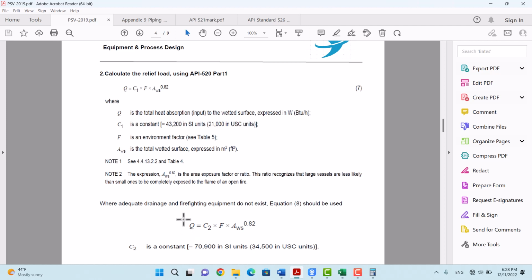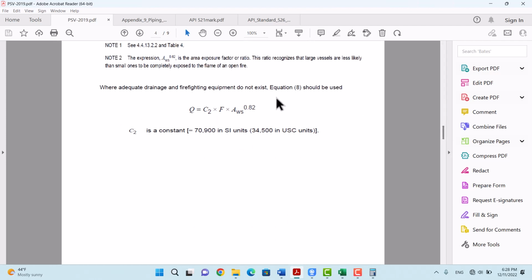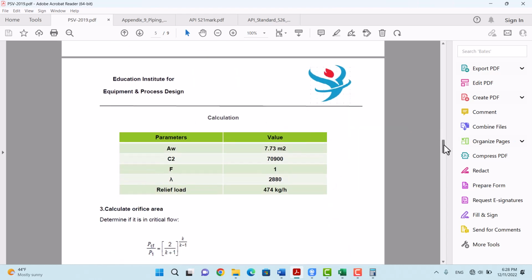We based our calculation on the fact that there is no adequate amount of drainage, therefore we tried to appear more conservative. We used this equation and calculated the total amount of heat absorbed by the reactors, and after that we used the specific heat of the steam, and of course the simple equation between mass balance, the specific heat, and the total heat, and calculated the relief load.